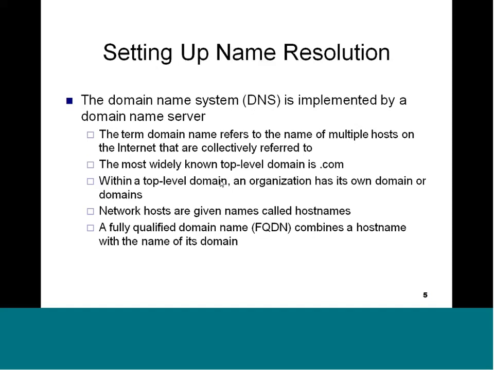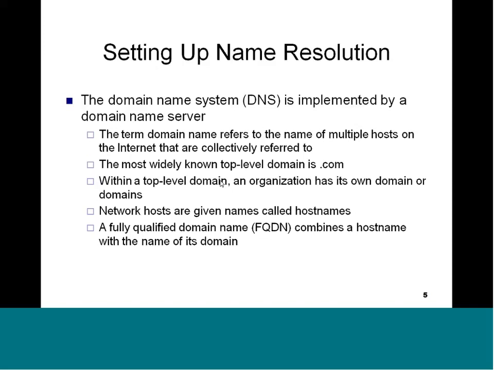The domain name syntax is, one thing, the top level domain is always represented as the rightmost label. So you can almost think of the domain name as an inverted tree structure.